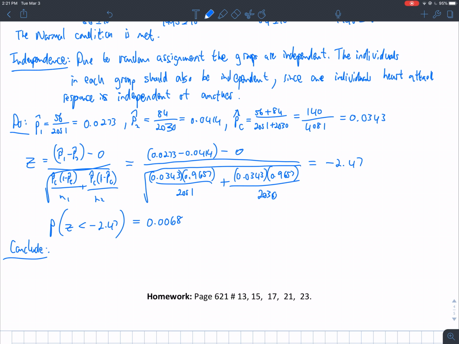Okay, so then I write my conclude statement, and the conclude statement is, since that's a very low p-value, since the p-value, which is 0.0068, is less than alpha, which is 0.01, we reject the null hypothesis.